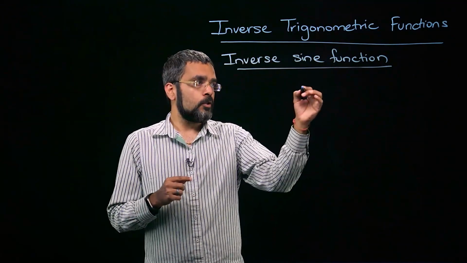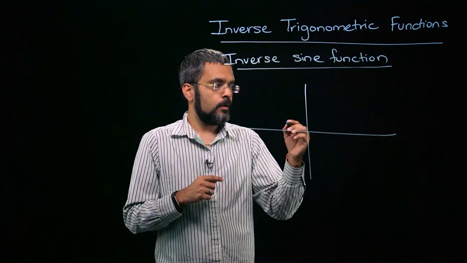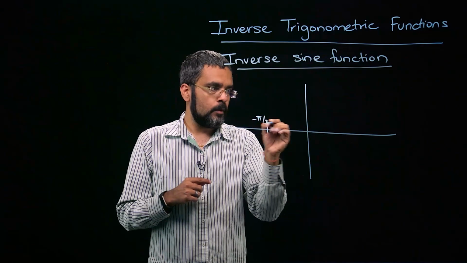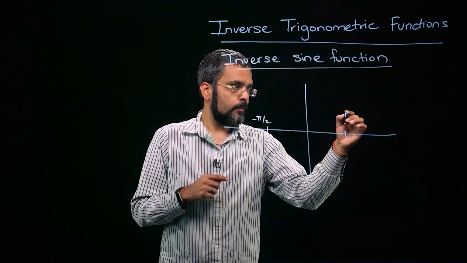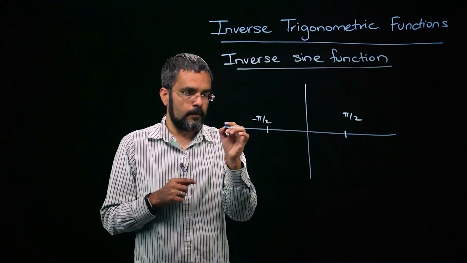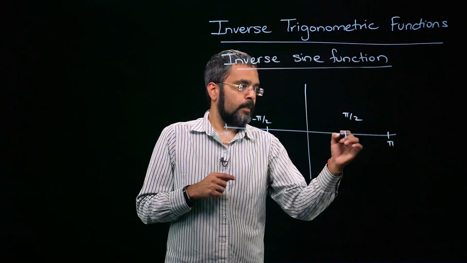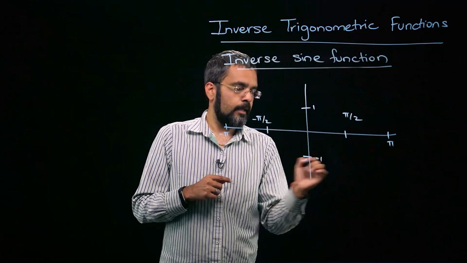So if you look at your sine function, let's say this is from negative pi over 2 to pi over 2. Then I have negative pi and pi, and then I have 1 and negative 1.